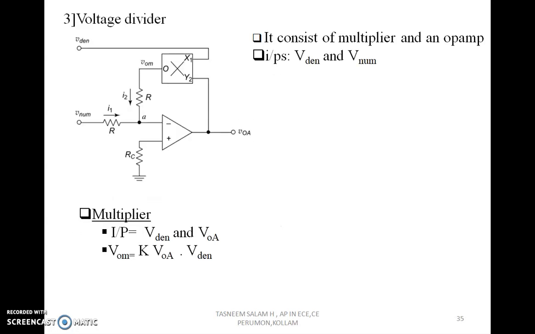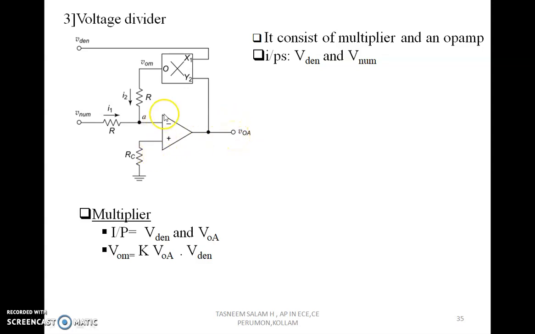And next we are moving on to the voltage divider. In this voltage divider circuit, we have a multiplier and an op-amp. The general inputs are Vden and Vnum, V denominator and V numerator. And we expect at the output V numerator divided by V denominator.